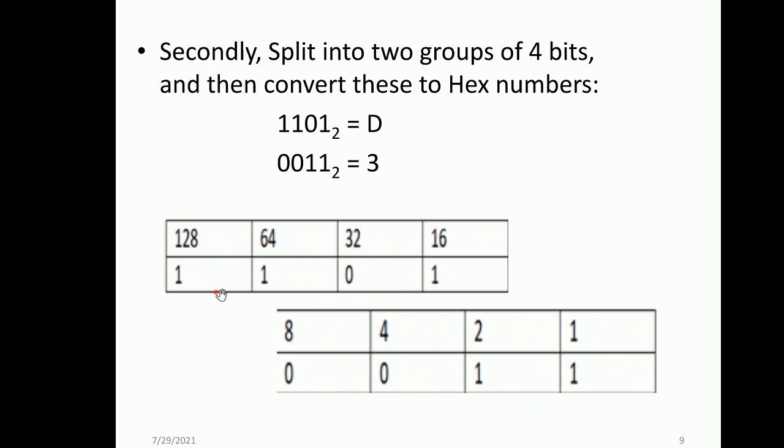Okay, so the question is, let's have a look at 1101. Let's convert that into a hexadecimal number. Well, it's actually D. It's the hexadecimal number D. Remember, E is going to be 1111, and D is going to be that number.